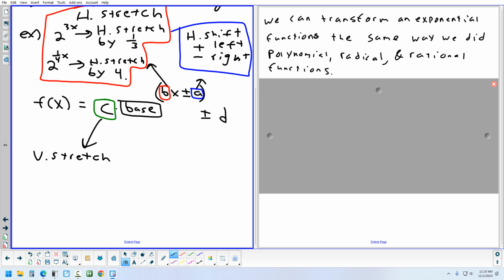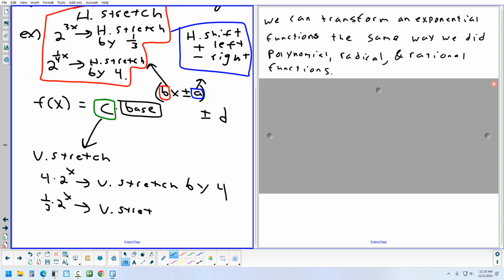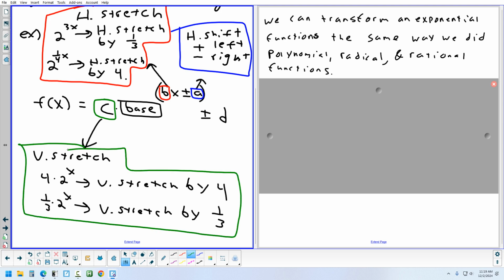So if you had something like 4 times 2 to the x, vertical stretch by a factor of 4. 4 does make it bigger. 1/3 times 2 to the x makes it smaller. It's a vertical stretch by 1/3. Okay, so that's C.